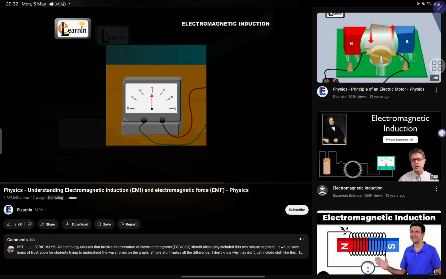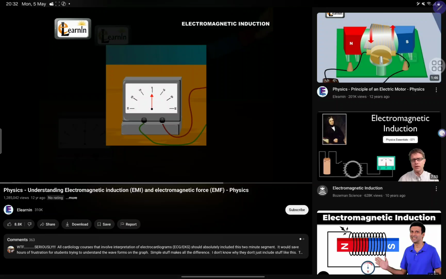Induced EMF only exists in a wire when there's a change in the magnetic field passing through it.